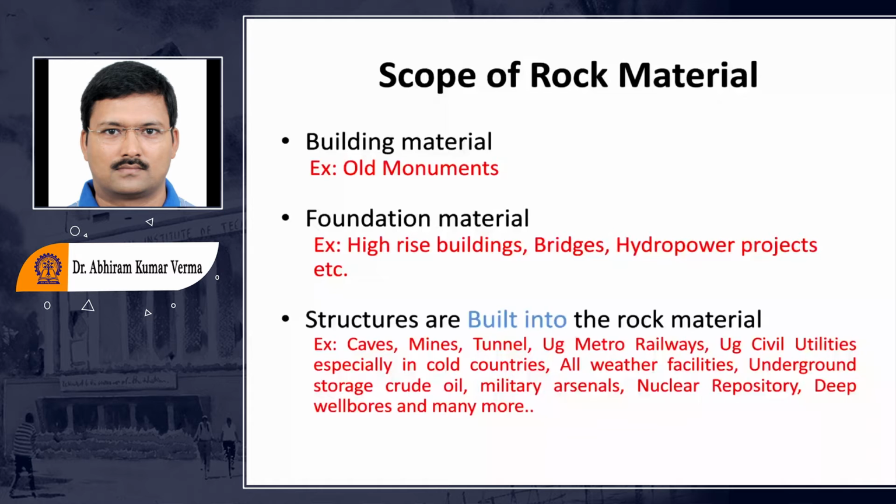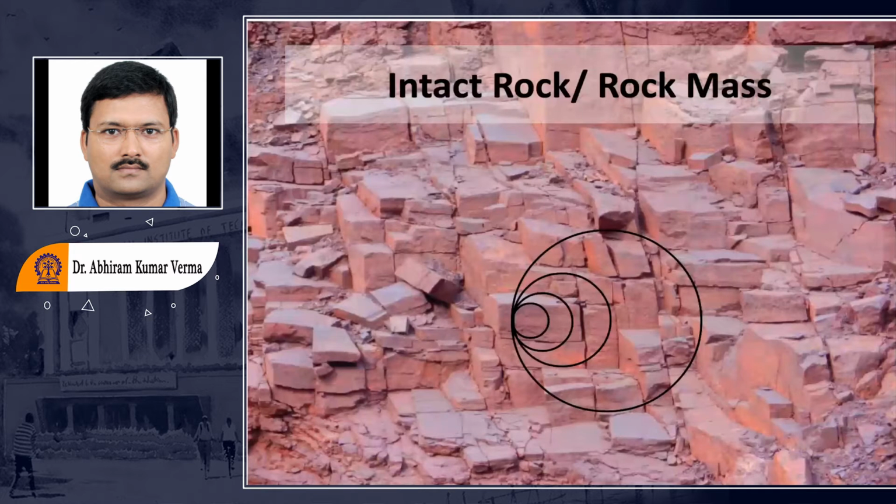Now, the first term coming to our mind: we are defining two terms as we call this rock a rock material. If I consider this rock material, there are two types of rock we define. One is called intact rock, and the second is called rock mass. If I am talking about intact rock, you can see the smallest circle.